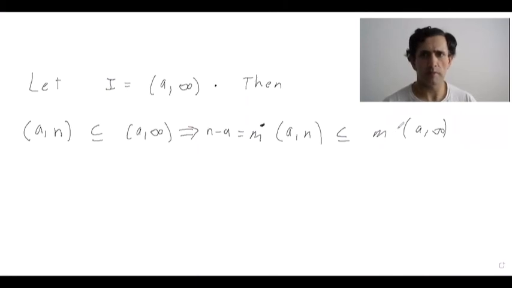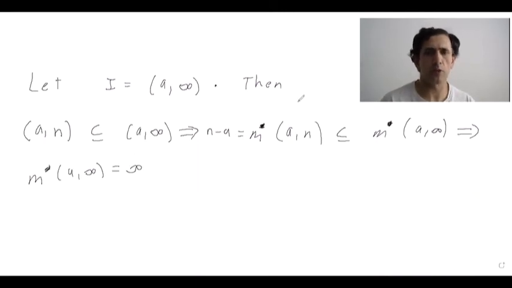Okay. And this is true for any integer n larger than a. So that means pretty obviously that the outer measure of this interval has to equal infinity, meaning that it's bigger or equal to any real number whatsoever. Okay. All right.